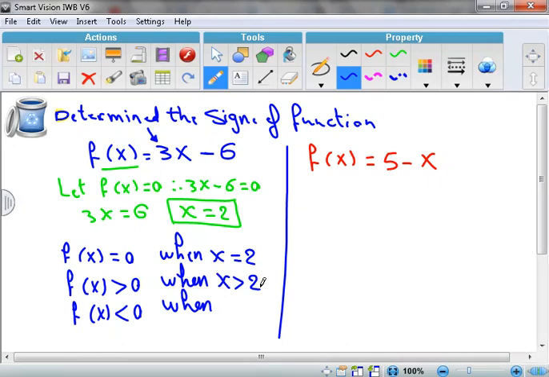Why? Because the sign of the coefficient of x is positive, and the last is the inverse: x less than 2. We can write this as 2 to infinity, and this as negative infinity to 2.